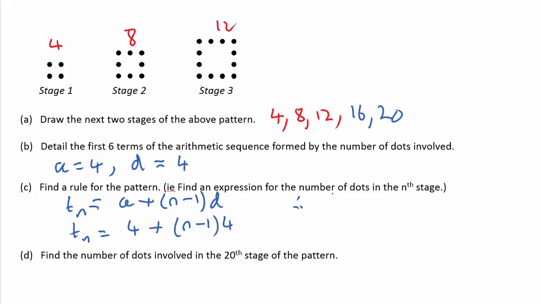And in this instance, that will come down to be just Tn is equal to 4n. The 20th term then will be 80 dots. Fortunately, we don't have to draw that one.